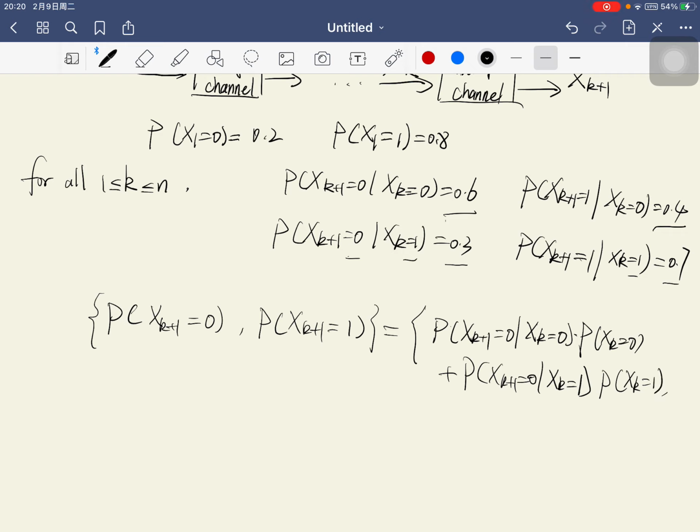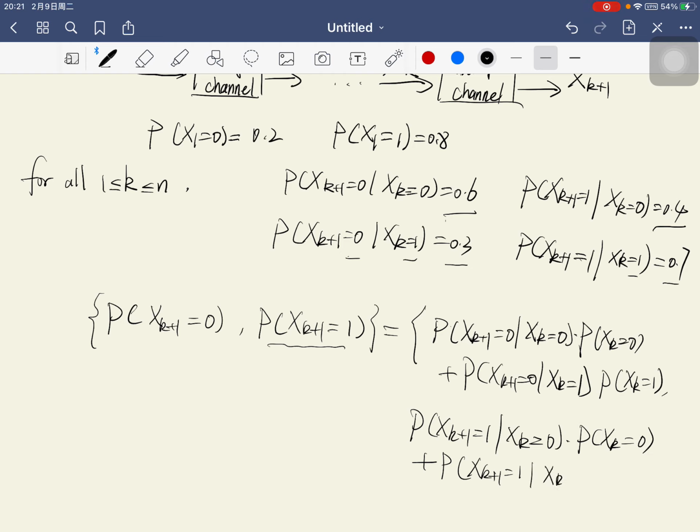And the probability of xk plus 1 equals 1 is equal to the probability of xk plus 1 equals 1 given xk equals 0, times the probability of xk equals 0, plus the probability of xk plus 1 equals 1 given xk equals 1, times the probability of xk equals 1.